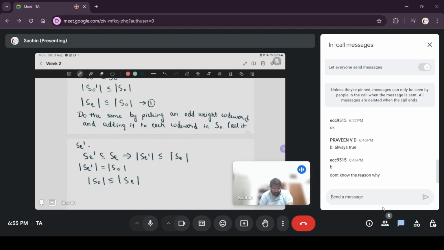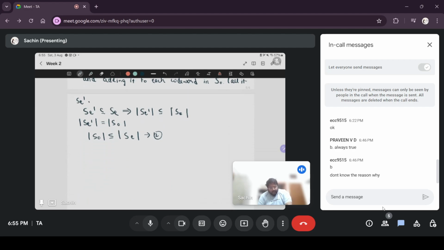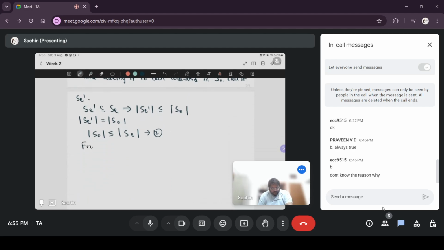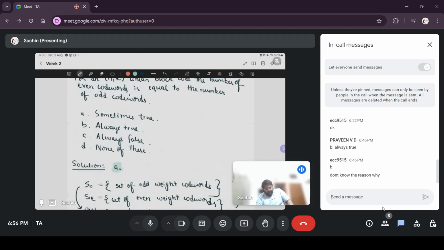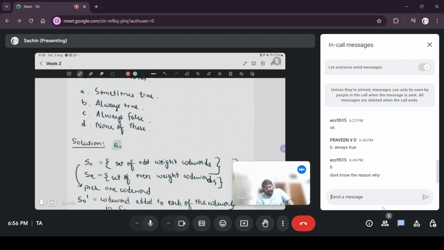Let's call this 1 and I'll call this 2. So both 1 and 2 are true. That is, the cardinality of SE is less than or equal to SO, and SO is less than or equal to SE. That is only possible if SO is equal to SE. 1 and 2 say that the cardinality of both sets is the same. So the number of odd weight code words must be equal to the number of even weight code words.